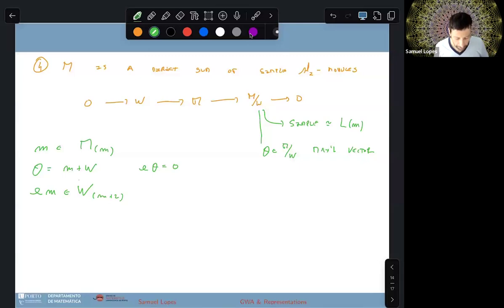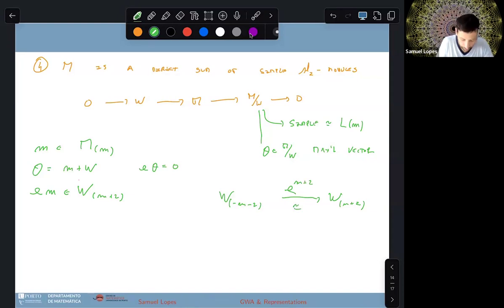Okay, but we know from the previous result that I have this map here from the generalized eigenspace from minus m minus 2 to m plus 2. Okay, I know that the map E to the m plus 2 gives me an isomorphism here.